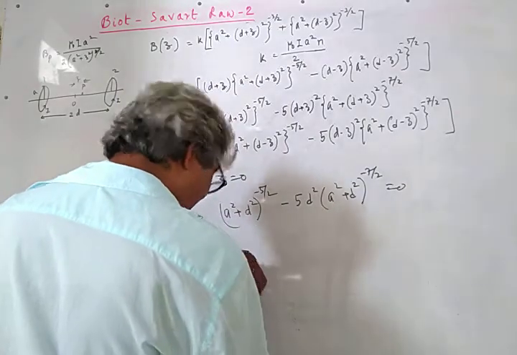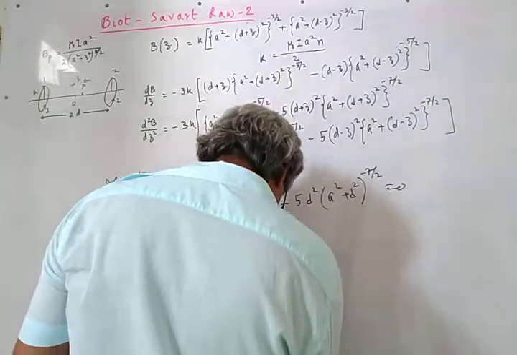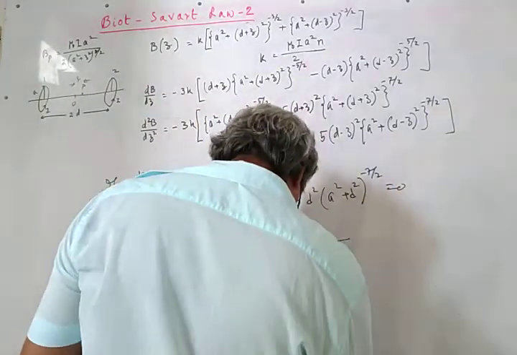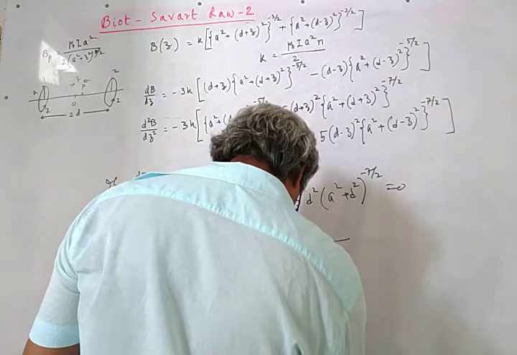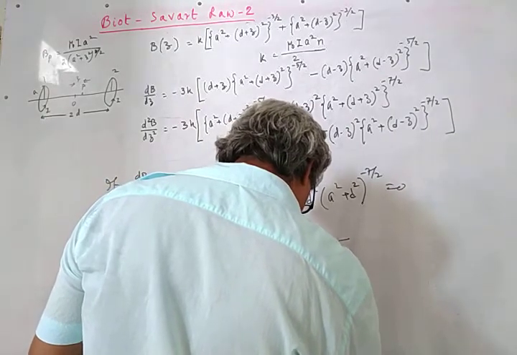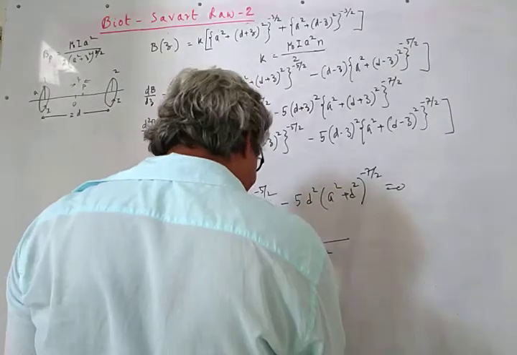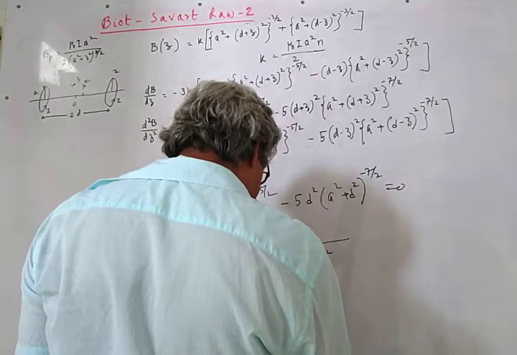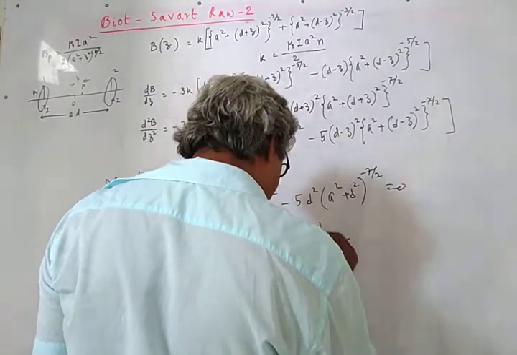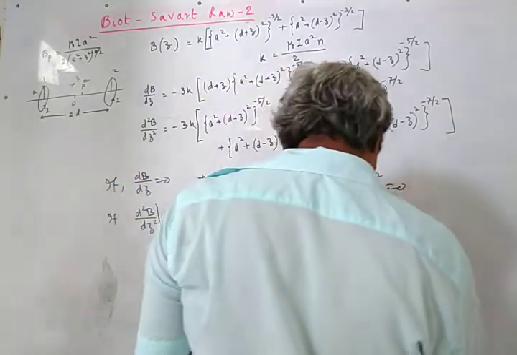Or if we take this in the denominator, (a² + d²)^(7/2), the result is a² + d² minus 5d² is equal to 0.